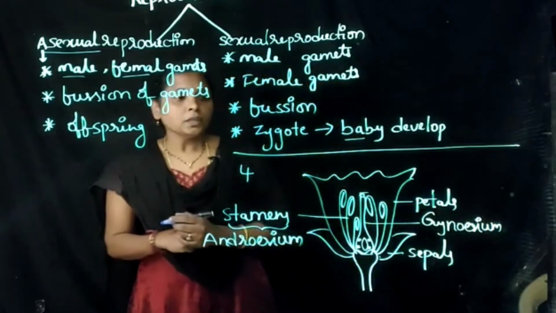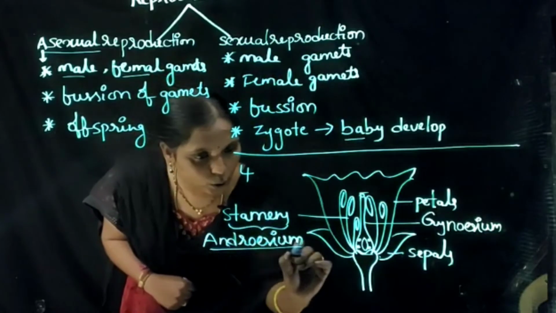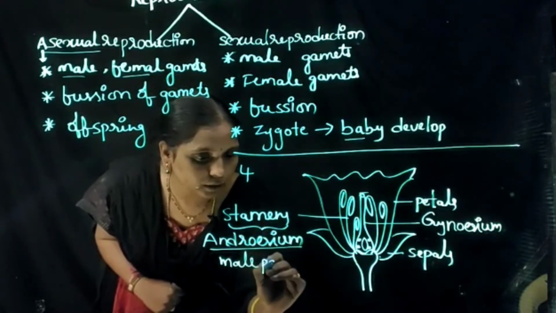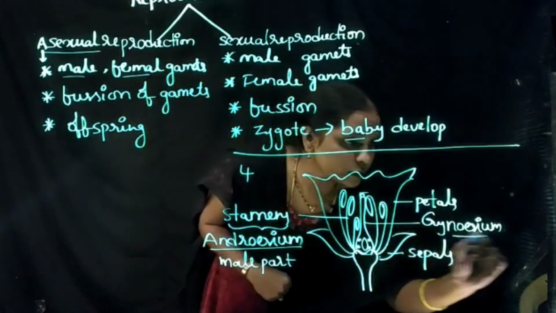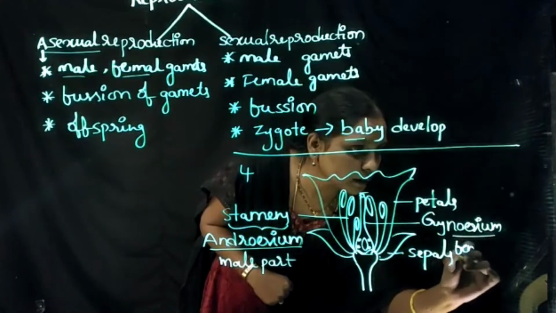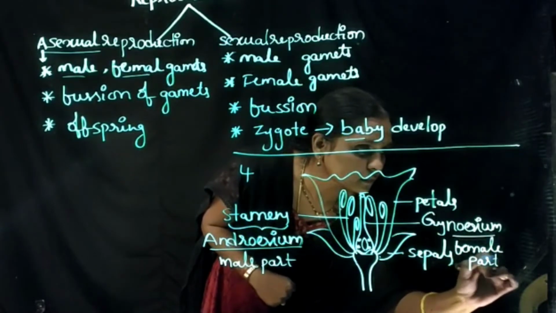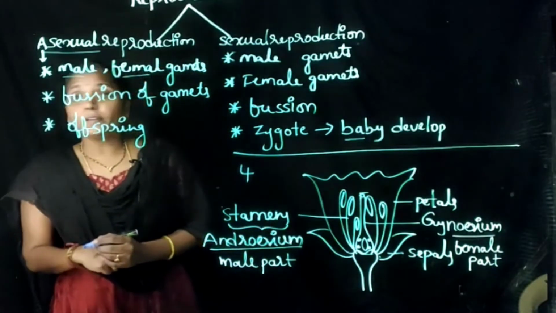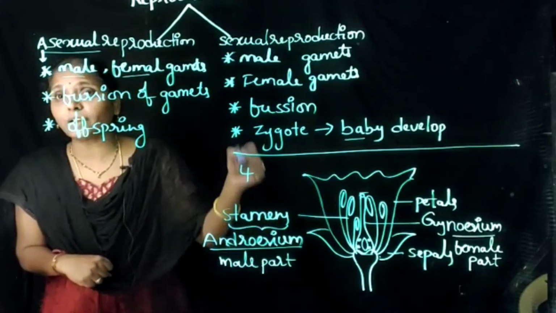So commonly this androecium is called the male part of the flower. Male part of the flower. And this gynoecium is known as the female part of the flower. So in some flowers we can see this androecium and gynoecium in one flower.